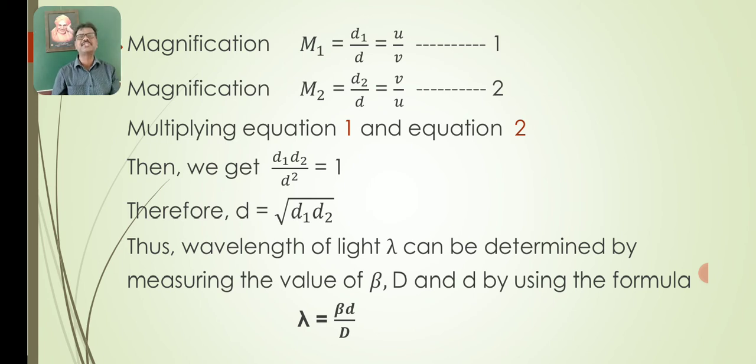The capital D, distance between the slit and the screen, can be measured with the help of the optical bench scale, the scale attached to the optical bench.